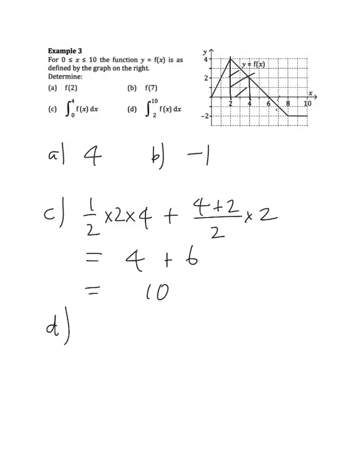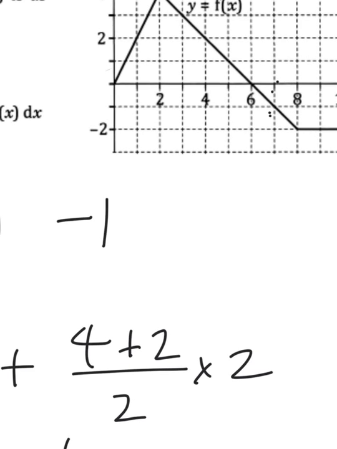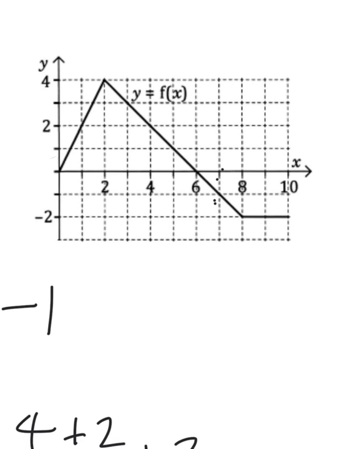And the last one there says, what's the integral from 10 to 2? Okay, let's check that out. The area from 10 to 2. So that is this bit here and this bit here. Now remember, if I ask the question, what's the area under the curve, this is going to be a different question.